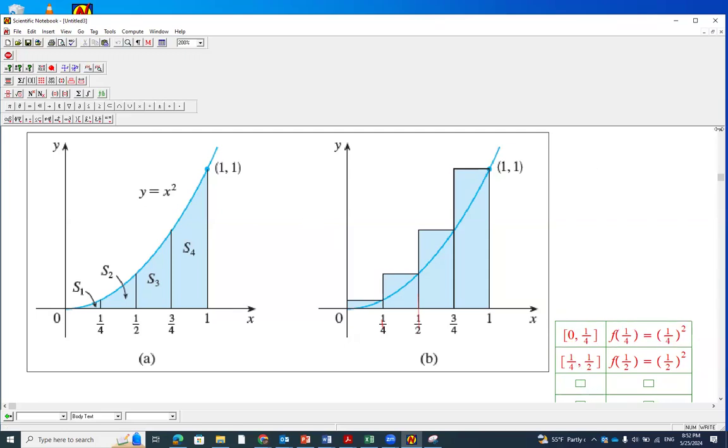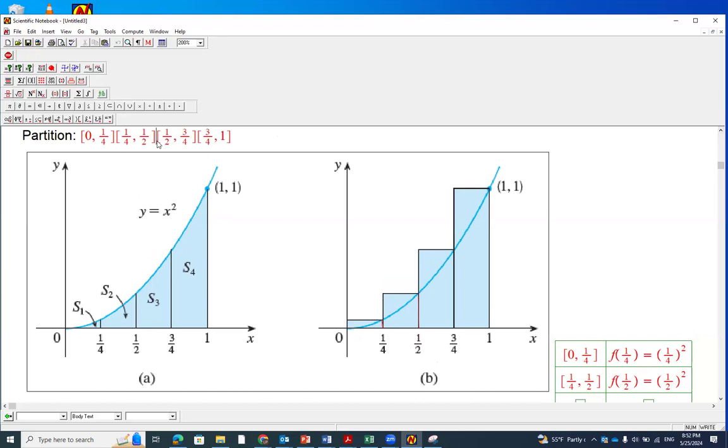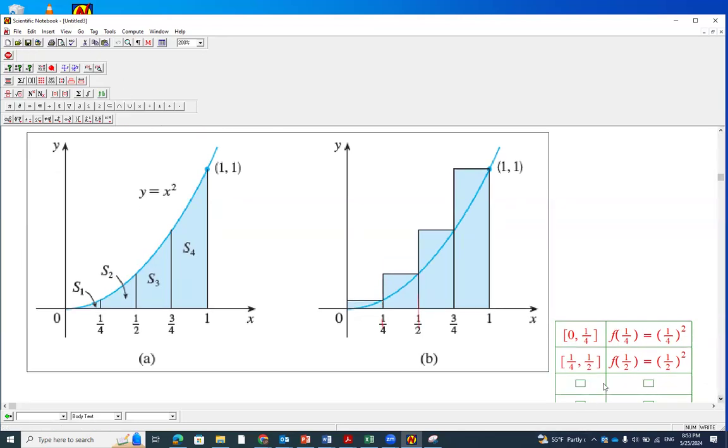And the third rectangle is 1/2 to 3/4. And the height of that rectangle is f of 3/4 equals 3/4 squared.